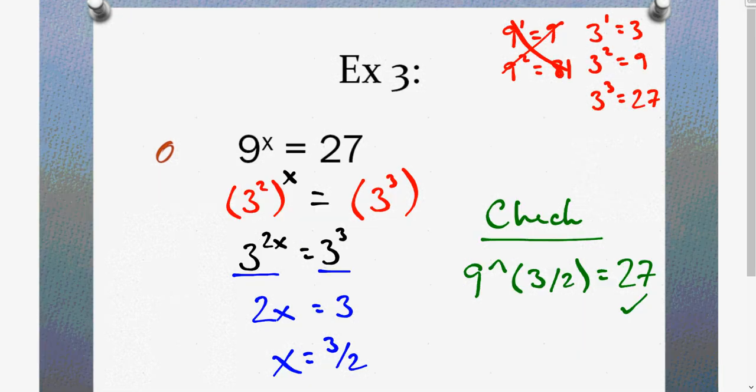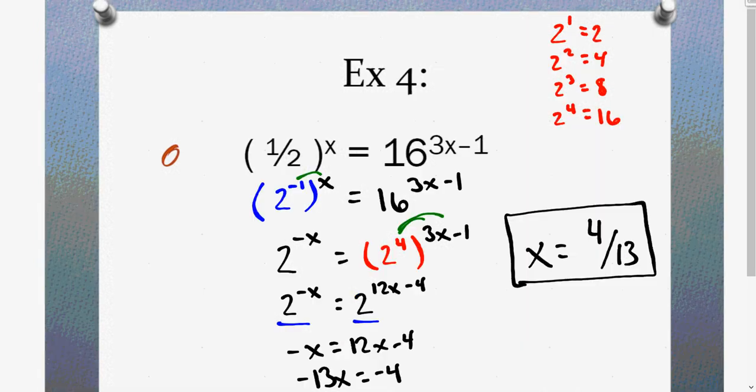Or I could end up in a situation where neither of the bases are the same, and I cannot write the larger one as the power of a smaller one. Then I got to think smaller numbers and what common factors they have that I could use exponentially to generate these values. And whether they're whole numbers, fractional values, or rational numbers, you can still go through and solve all of these.